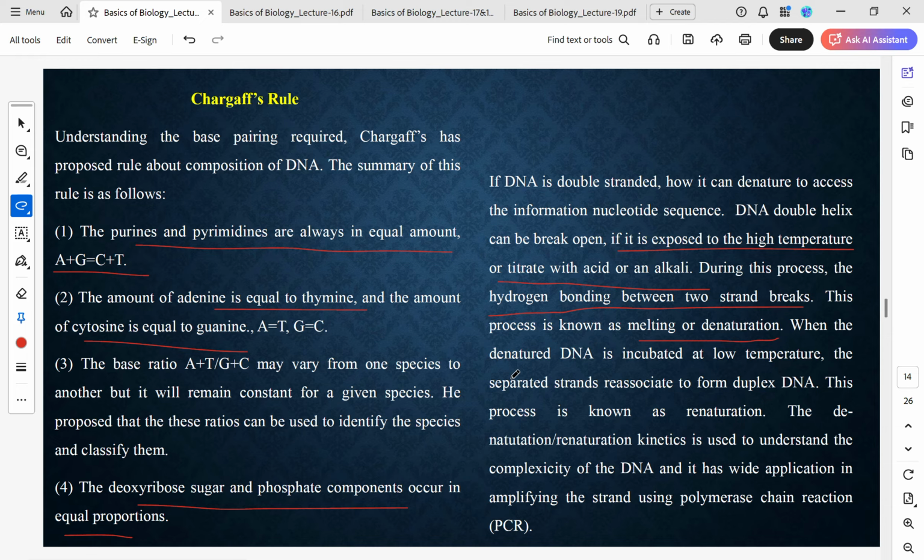If the denatured DNA, which was denatured by incubating at a high temperature, is incubated at a lower temperature, the separated strands associate to form a duplex DNA, and this process is known as renaturation. This helps us to amplify the strand using a polymerase chain reaction.